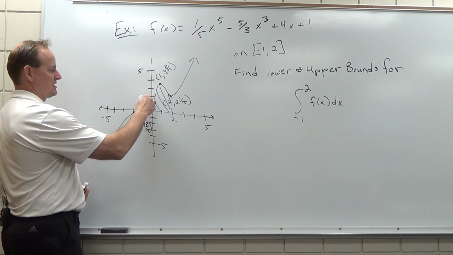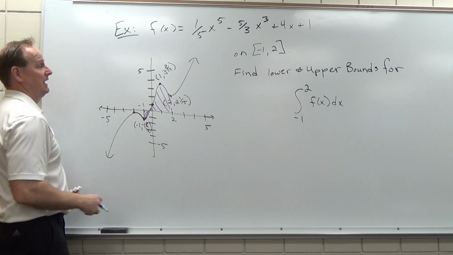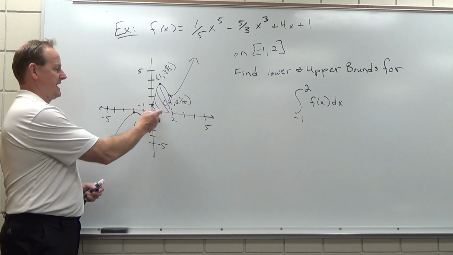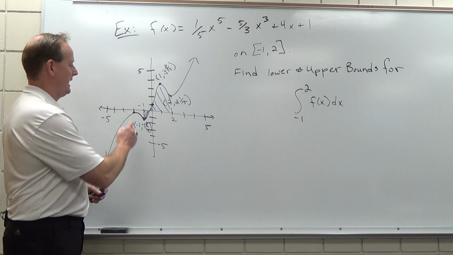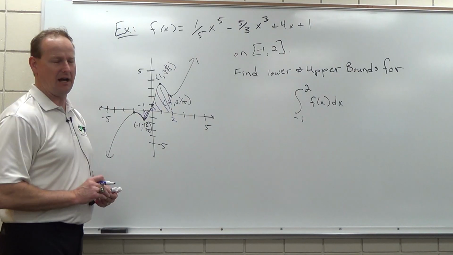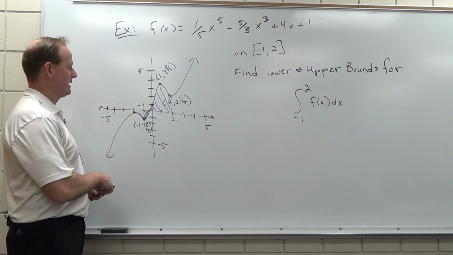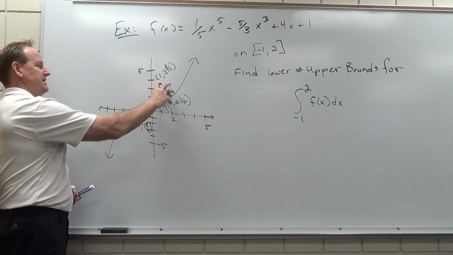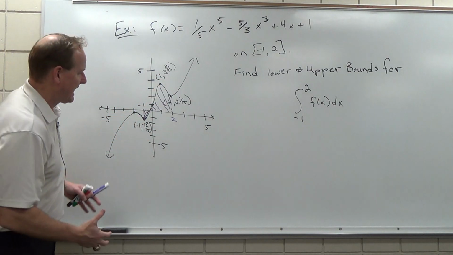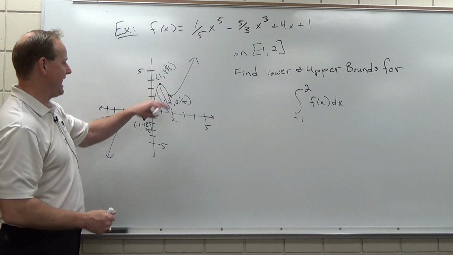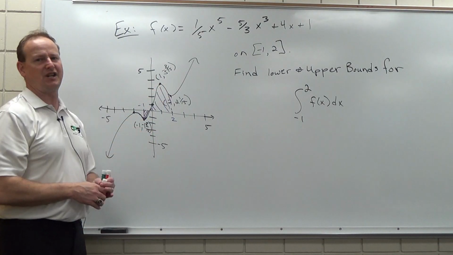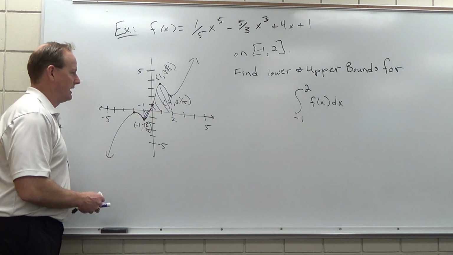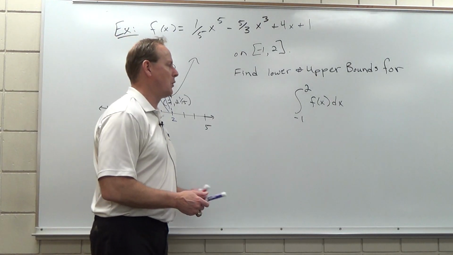And of course this would be considered negative area, it's going to be a negative number left of where it crossed the x-axis, somewhere between -1 and 0, which we did calculate in a previous video to the nearest thousandth anyway. So this is going to be positive, this is going to be negative. It looks like there's probably more positive than negative here, so chances are it's some kind of positive number. But in the meantime, let's look at what we did here for the upper and lower bounds.